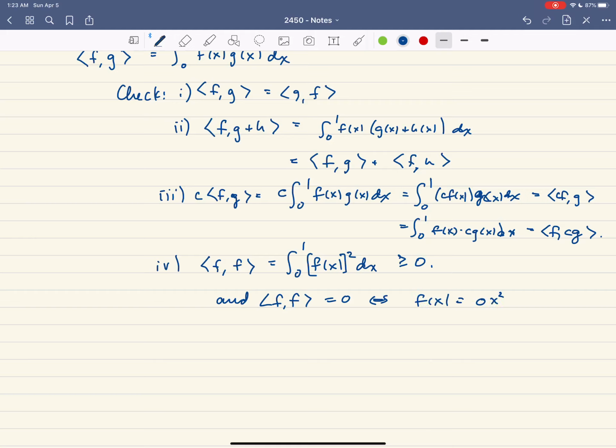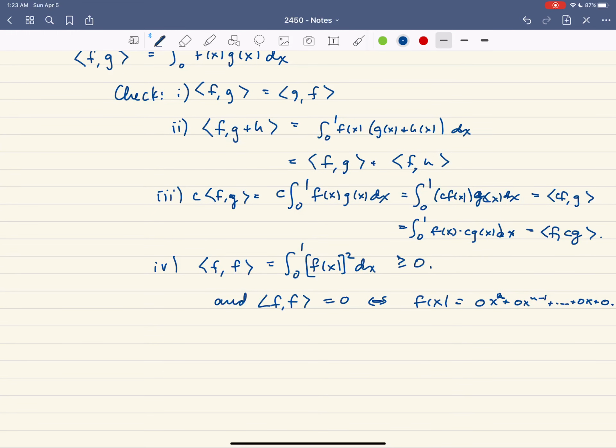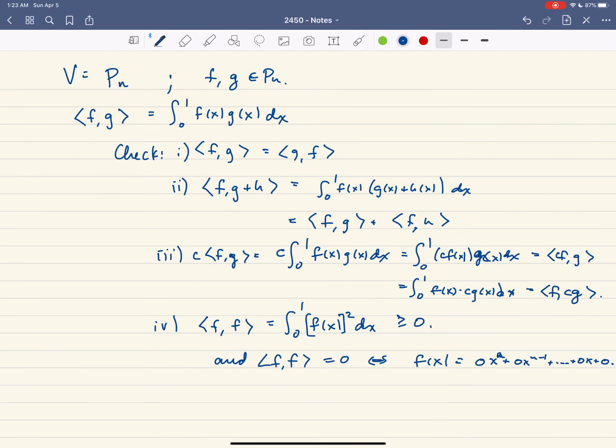If and only if f is the 0 polynomial, right? 0x to the n, 0x to the n minus 1, all the way down to 0. Okay, so that inner product is going to be 0 if and only if f is the 0 polynomial. So this really is an inner product space. And these are going to be the two big inner product spaces for us: the dot product and this integral inner product over the set of polynomials.